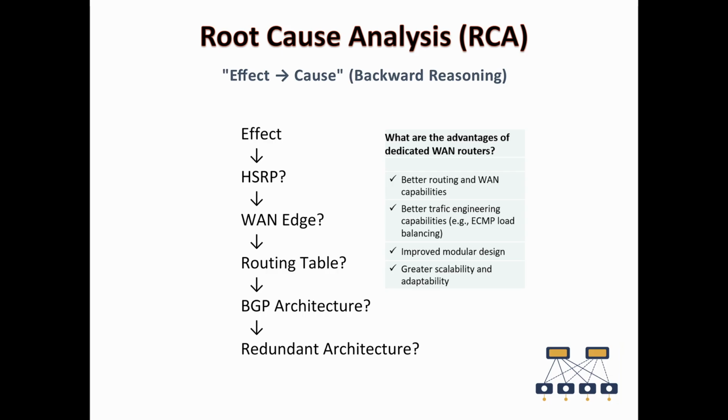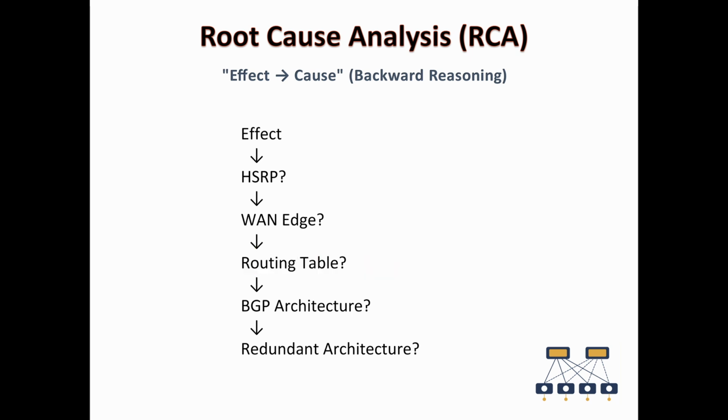Better routing and WAN capabilities, better traffic engineering capabilities, for example, ECMP load balancing, improved modular design, greater scalability and adaptability. However, no matter whether a dedicated WAN router is used or not, the routing table remains the same. Since the WAN path is determined by the routing table, not by the device, the absence of dedicated WAN routers is not the root cause of the routing asymmetry.